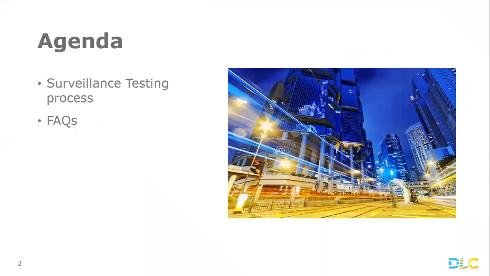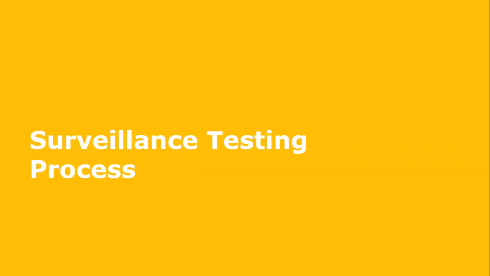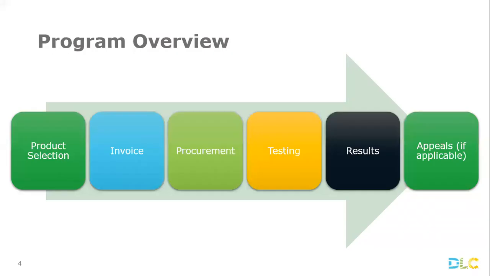Okay, so the first thing I'm going to do is go through the surveillance testing process, just what that looks like, and then I'll answer some frequently asked questions. So this is the surveillance testing process. The product is selected, and after the product is selected, you are notified that the product was selected.